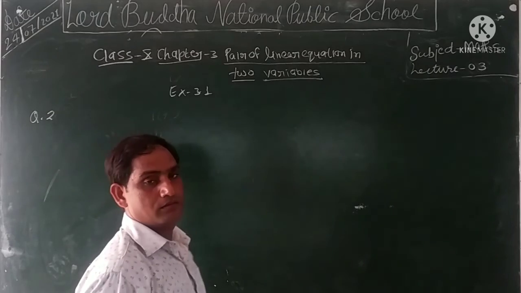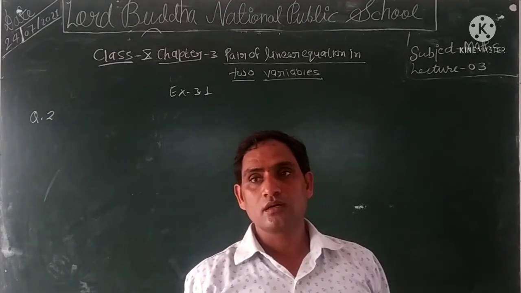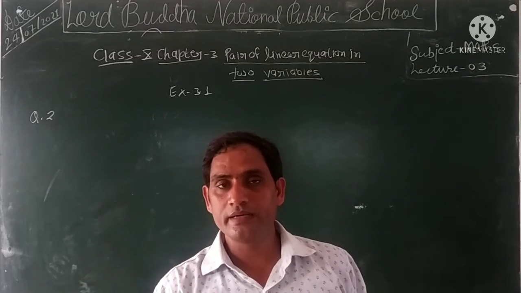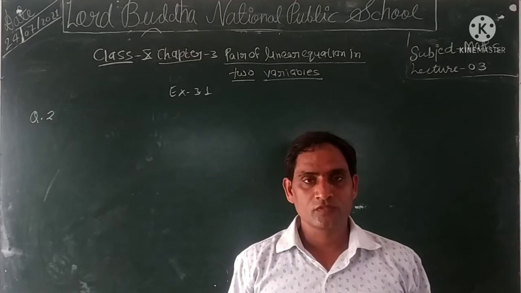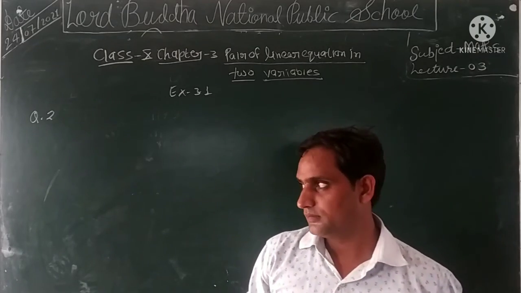First of all, we let the cost of 1 bat and 1 ball, because we have to form the equation with 2 variables. Clear?